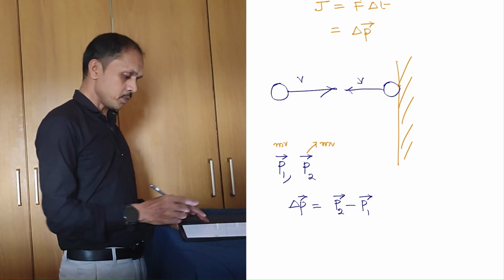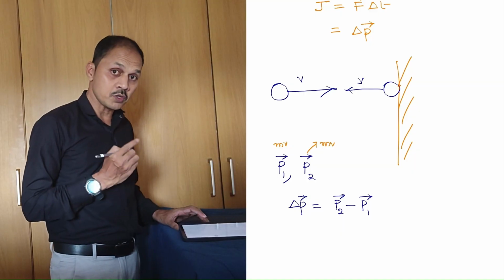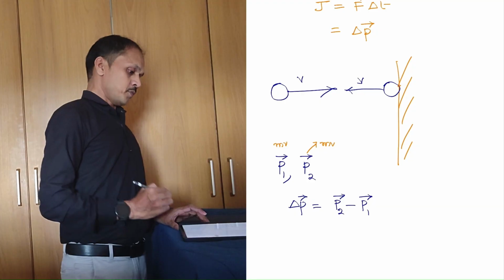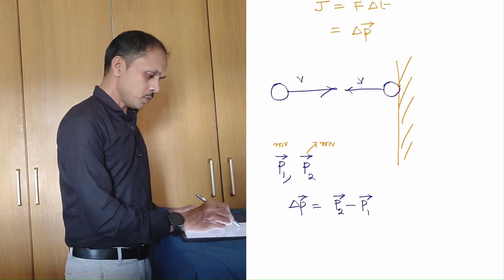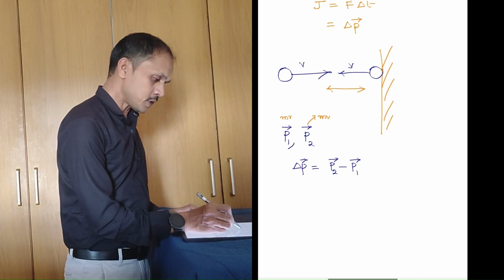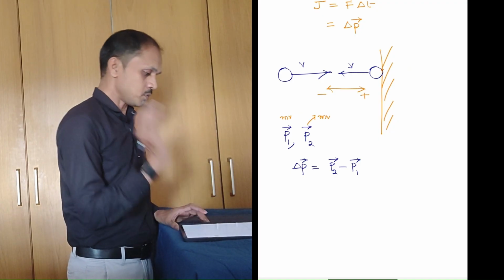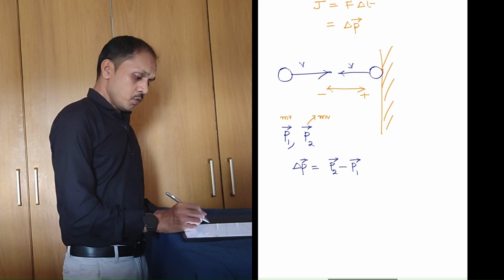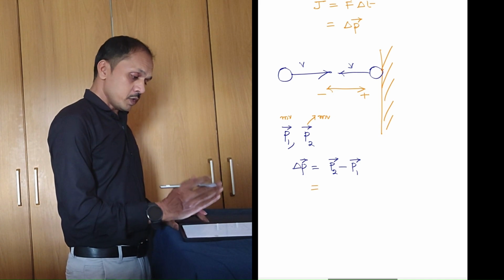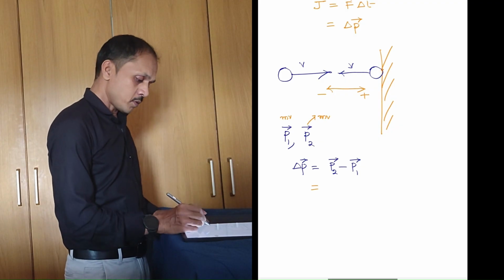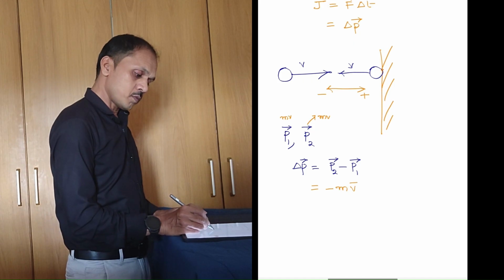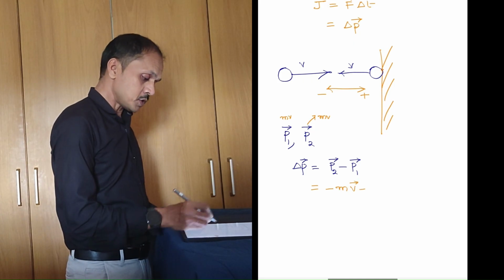So change in momentum, mv minus mv, will it become 0? No. Direction is different. So what do we say? Let us assume a conventional direction. I am considering here the right side as positive and the left side as negative. You take the opposite, no problem. So now final momentum P2 is towards left, so that is minus mv in vector form, minus initial momentum.